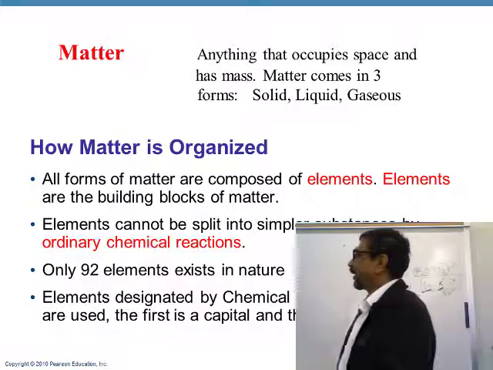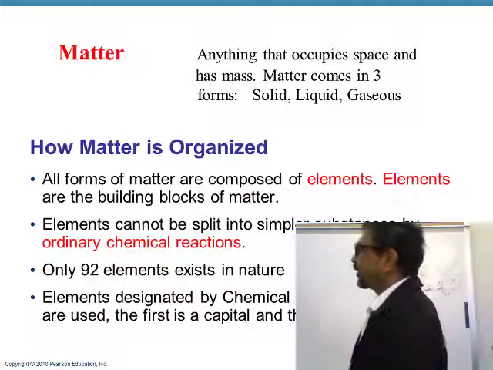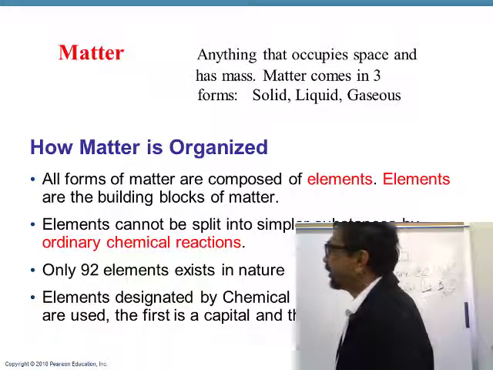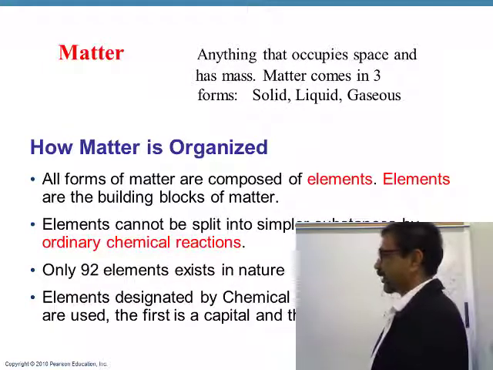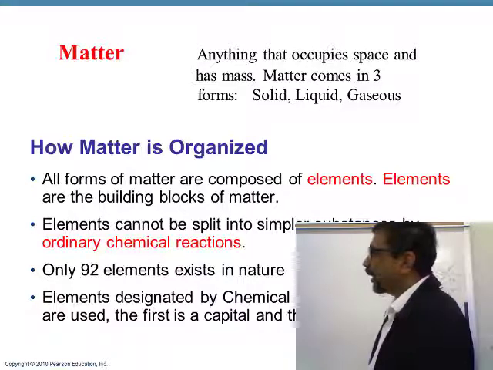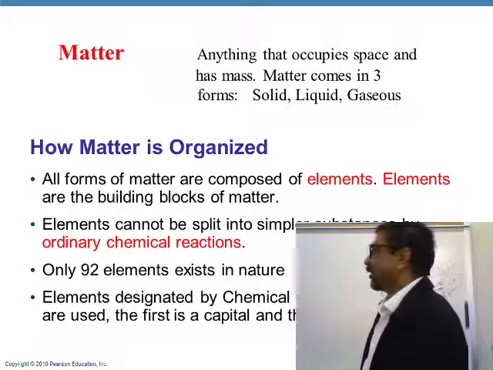Elements cannot be split by simple chemical reactions, or ordinary chemical reactions cannot break the elements. However, we can break the elements by special chemical reactions, and if you break the element, what will you find? You will find the atoms, right?